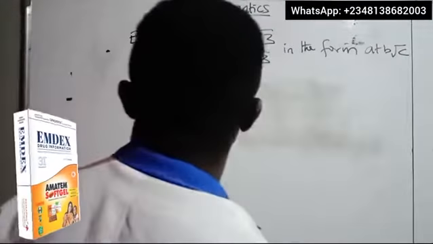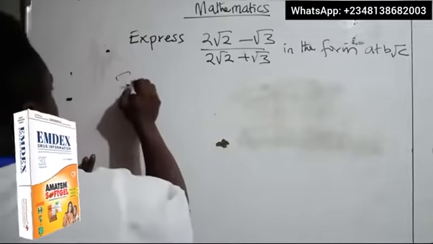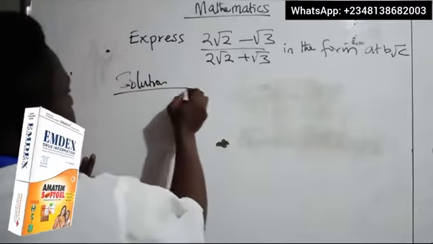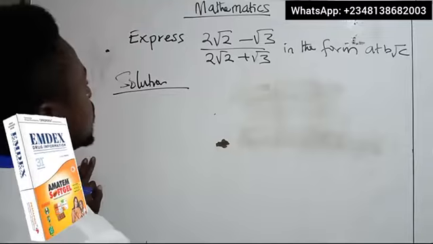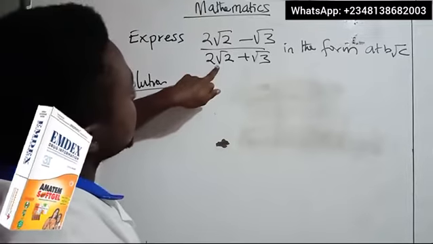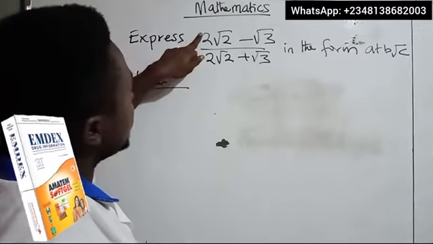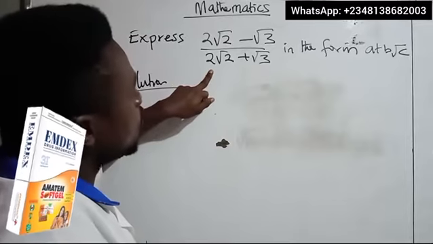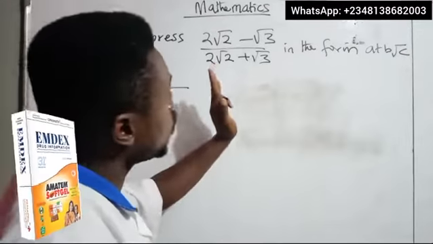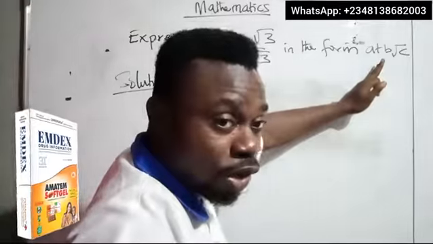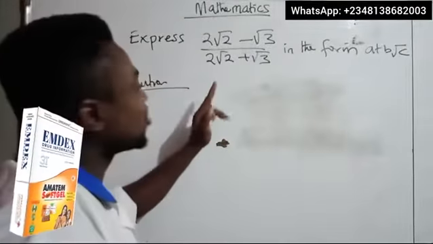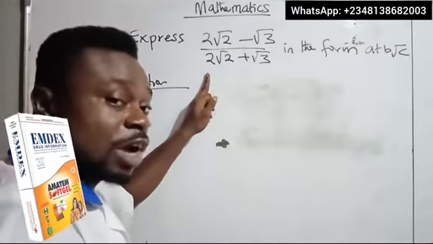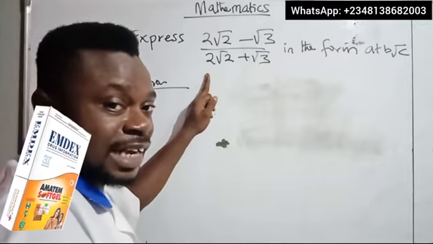Okay, let's go. Now, we multiply the numerator and the denominator. You know, we still don't know what gives us this form. The only thing we can do now is to rationalize this surd. That's why we are using rationalization.